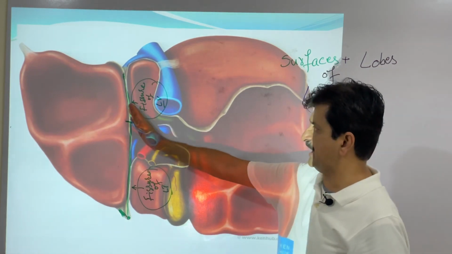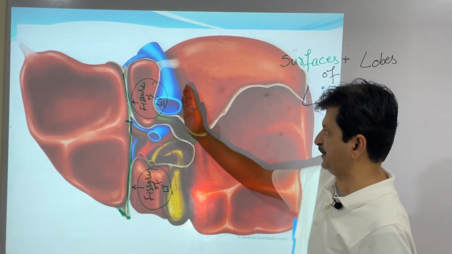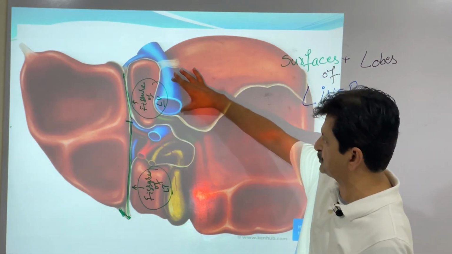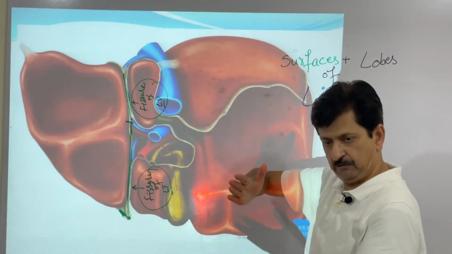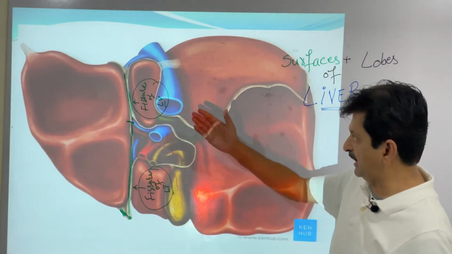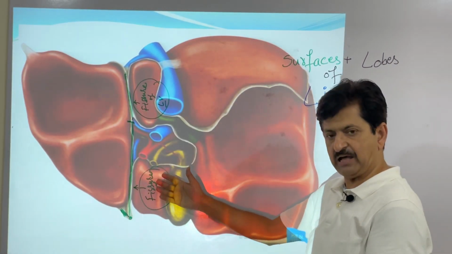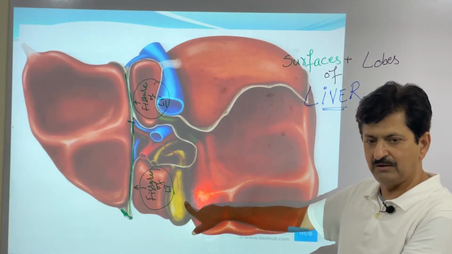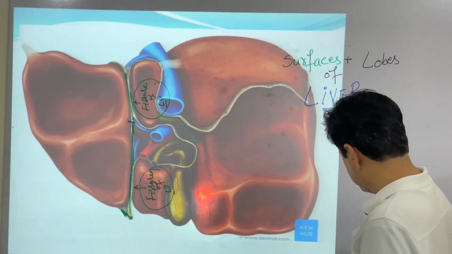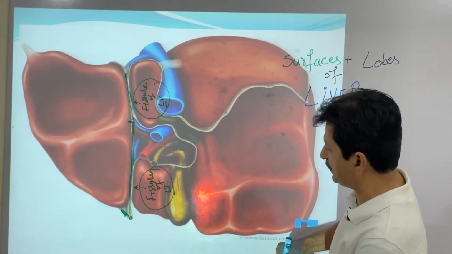One will be just on the right of your fissure for ligamentum venosum, which is nothing but the impression for the inferior vena cava, because when you remove the inferior vena cava, there will be a depression there. And just opposite the ligamentum teres, on its right side within the right lobe, there will be an impression of another organ, the fossa for gallbladder.